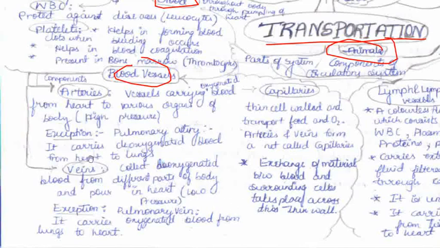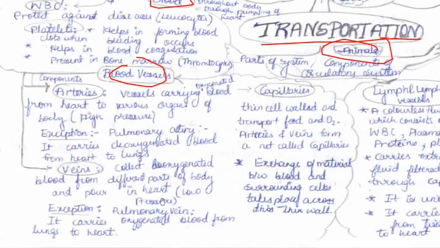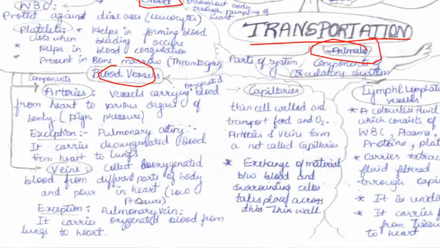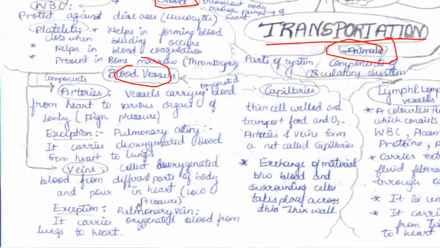So we can say that veins are thin walled, and thin walls don't require high pressure. There is also an exception, that is the pulmonary vein. What is the pulmonary vein? It carries oxygenated blood from lungs to the heart. As we have studied pulmonary arteries, the opposite is the pulmonary vein. It carries oxygenated blood from lungs to the heart.